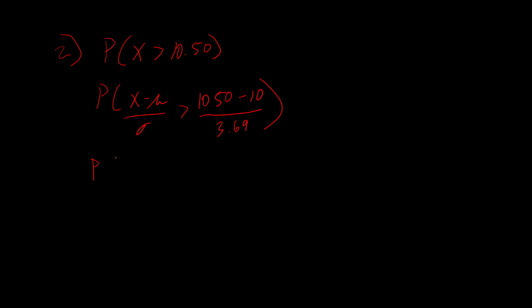If I reduce this down, it's a probability of z is greater than, I believe it should be 0.15. I'm going to double check it really quickly.